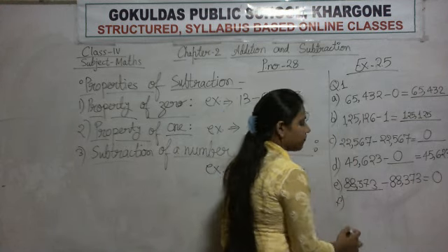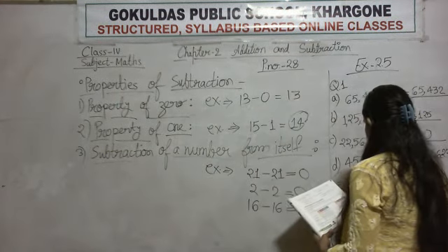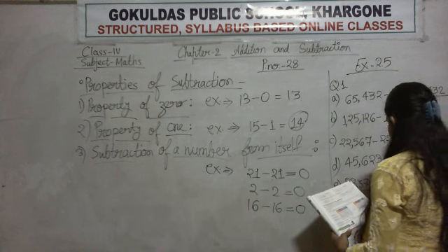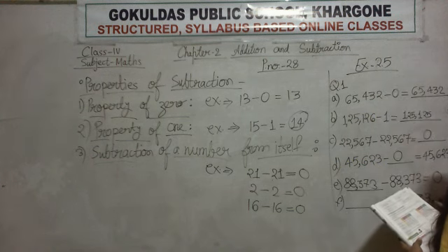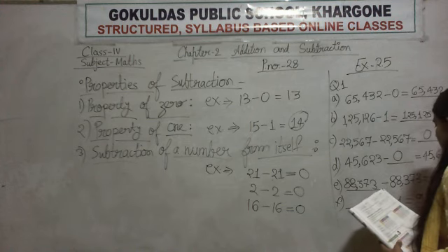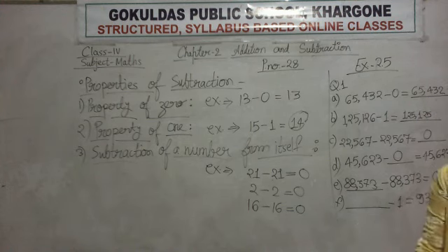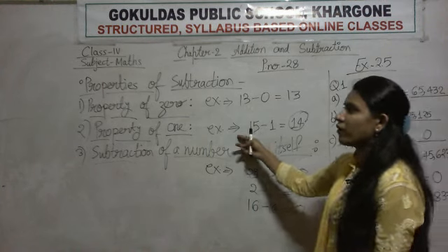Now part F, blank minus 1 equals 93,837. Now tell me which number will come here, which property it is? Right, it is the property of 1.